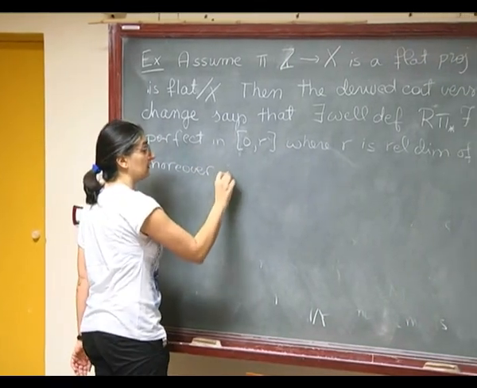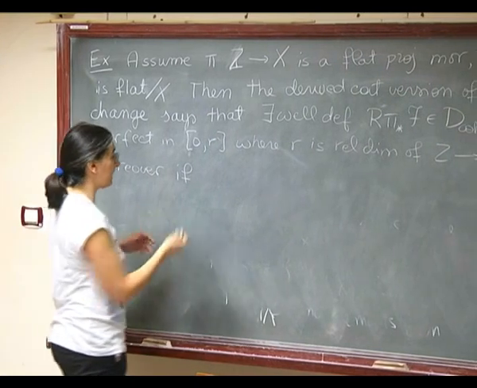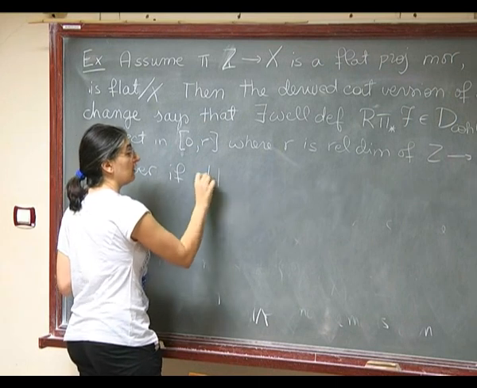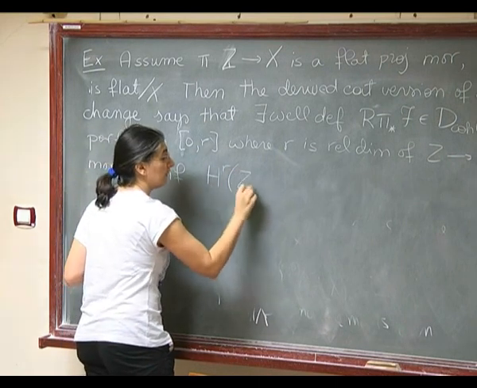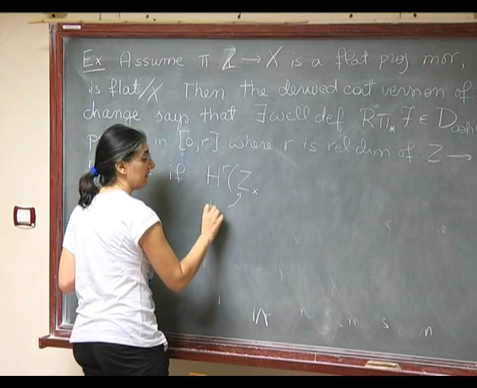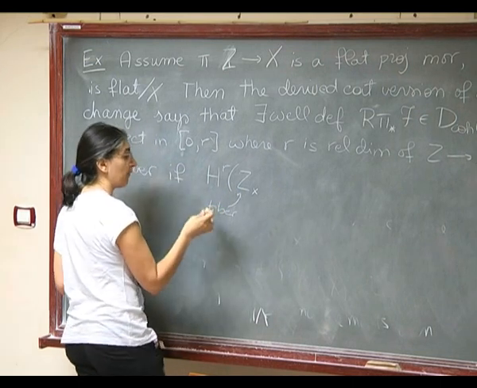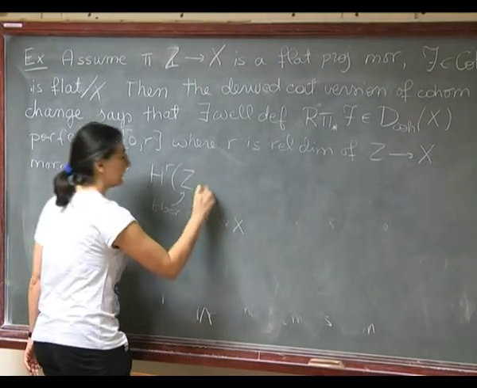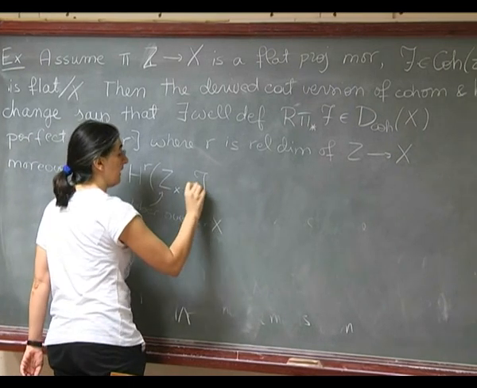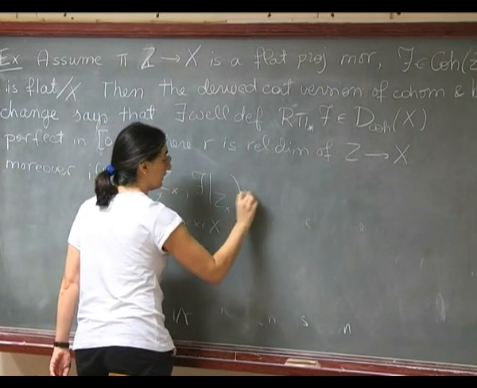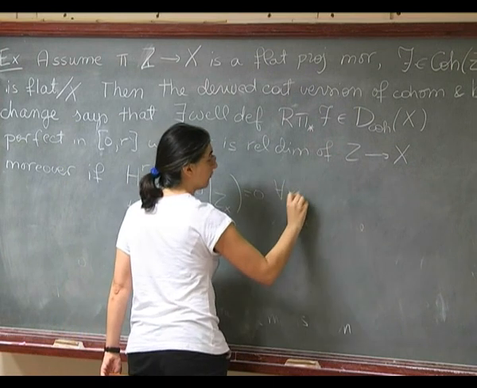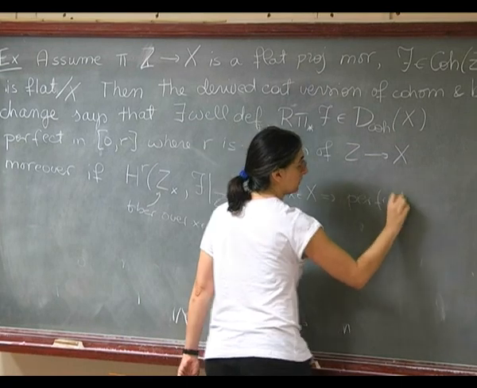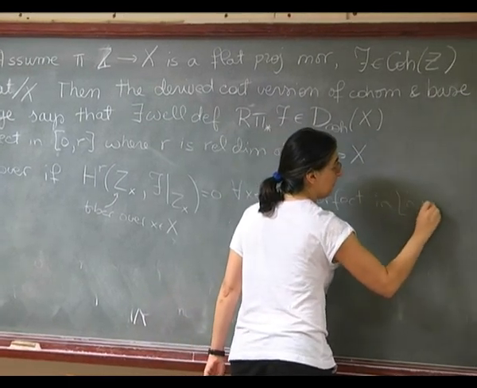And moreover, for instance, if I know that H^R of Z_x, this is the fiber over a point little x in X, F restricted to Z_x is 0 for all x in X, then it is perfect in [0,R-1].